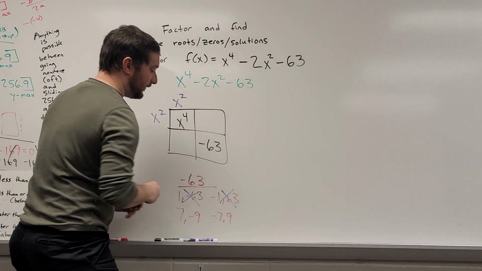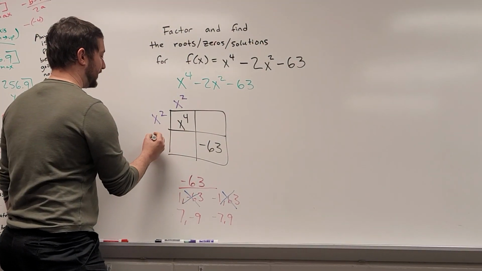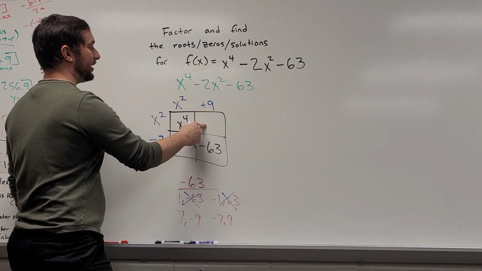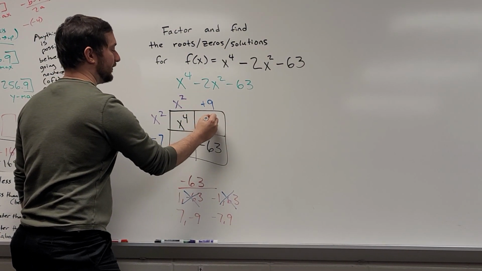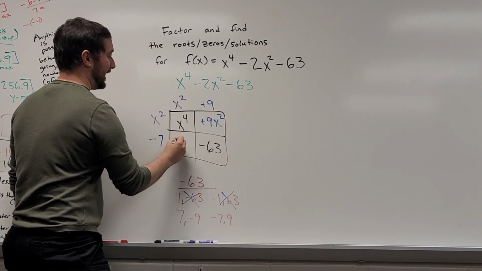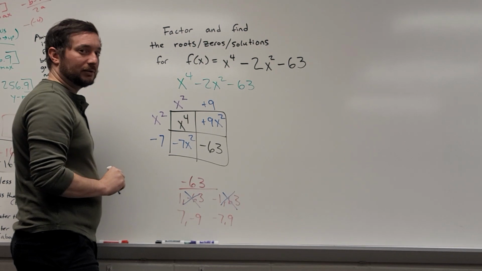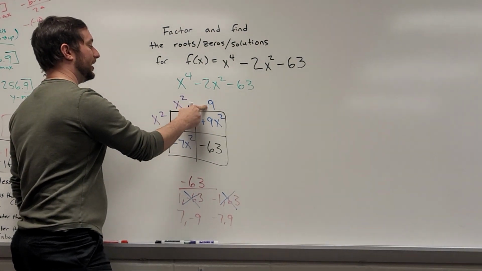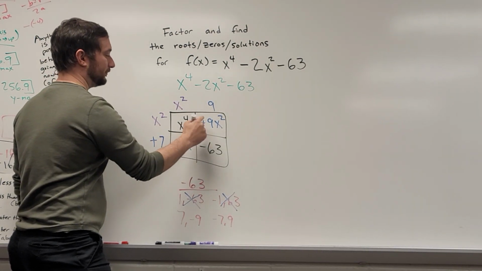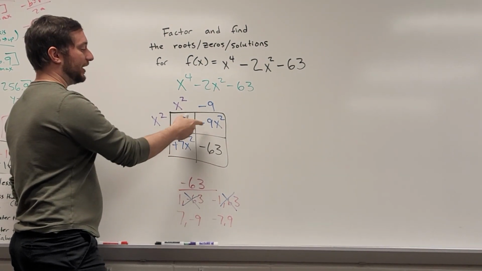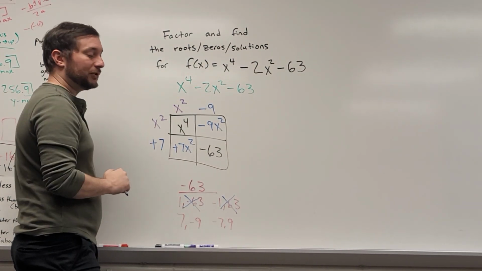In this case, if you test with negative 7 and positive 9, for example, you will see that positive 9x squared and negative 7x squared don't add up to equal the middle number. So we need to flip the signs, which is possible. And all of a sudden, 7x squared minus 9x squared is negative 2x squared.